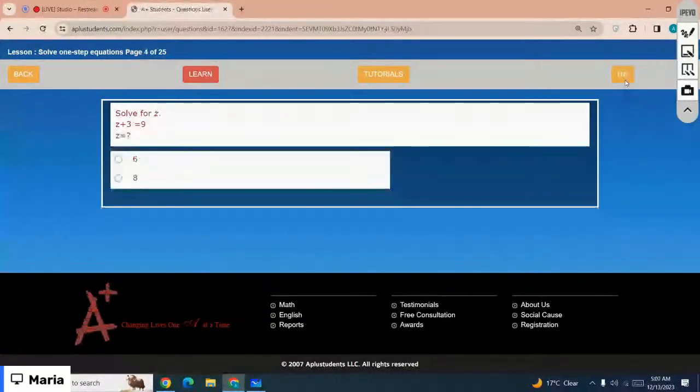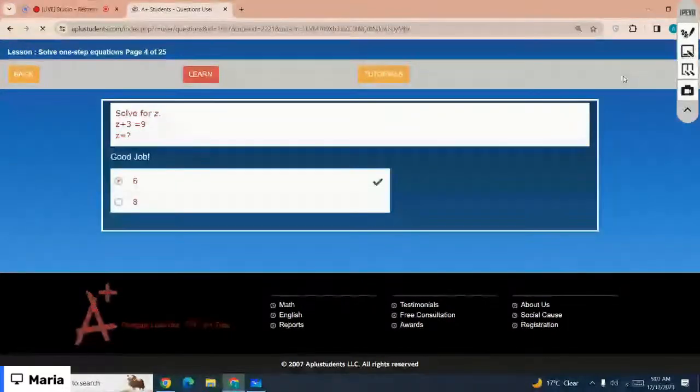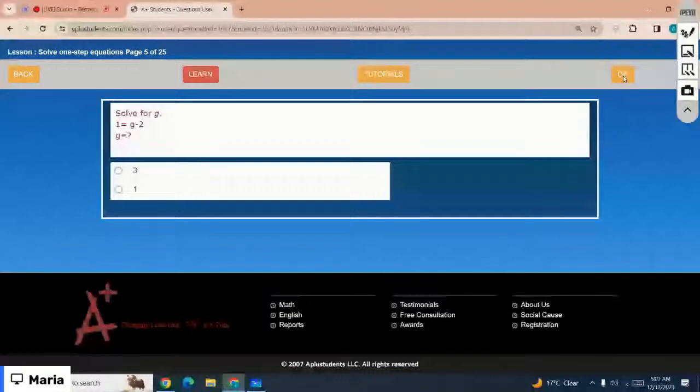Okay, solve for z. That is z plus 3 equals 9. So you have to isolate the variable z. You need to move that 3 to the other side. So which is the correct option? Okay, solve for g.